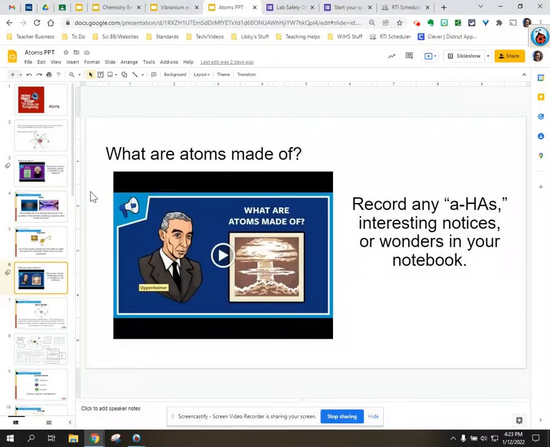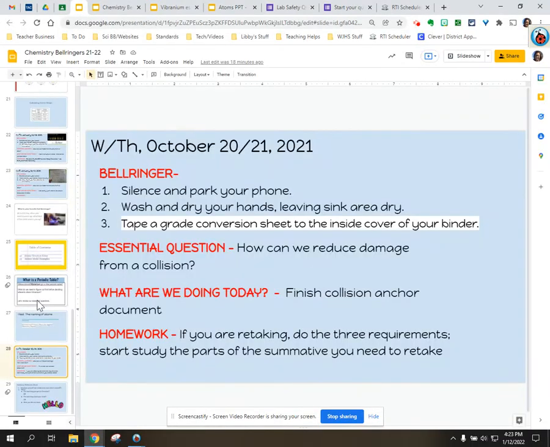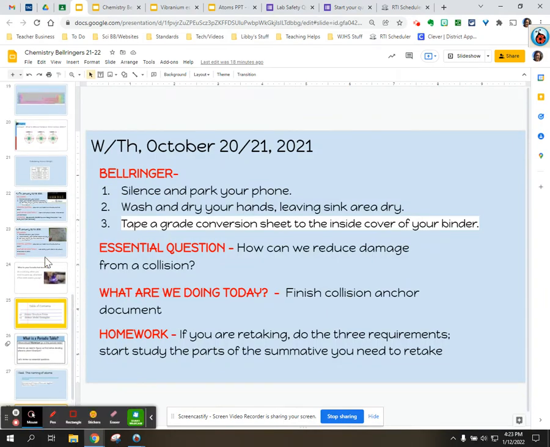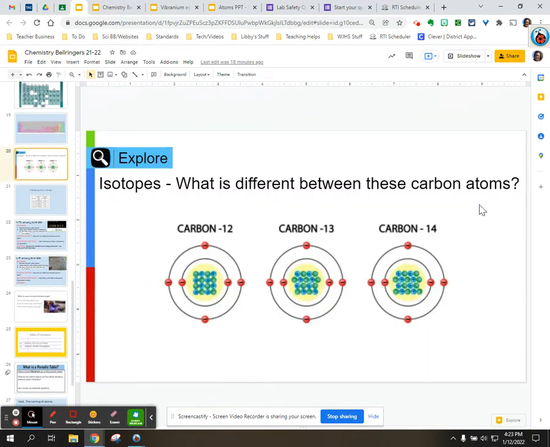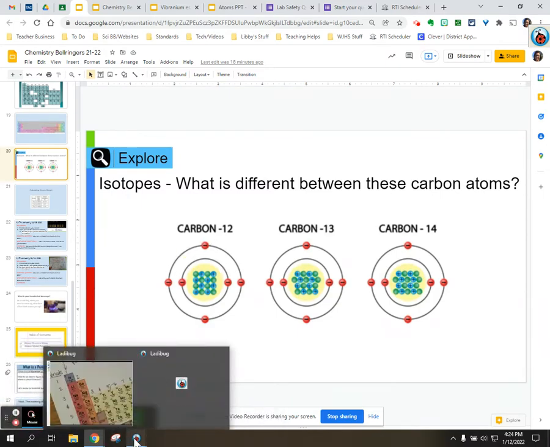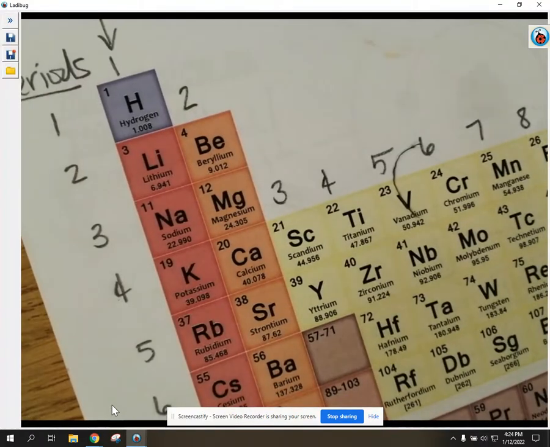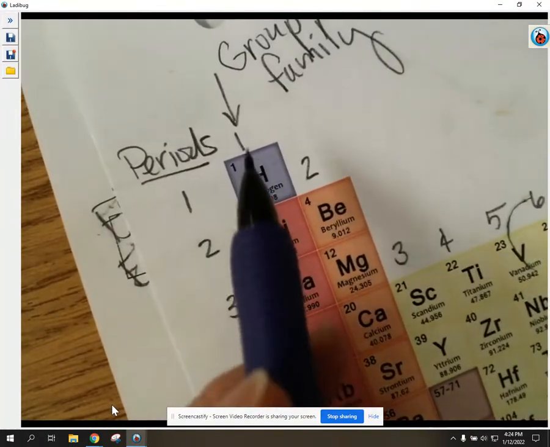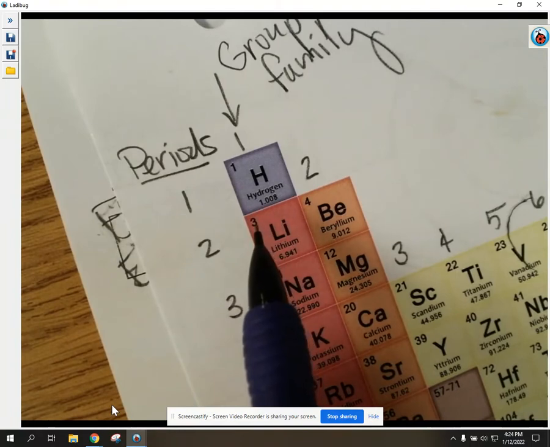Here's why. I should go back and say this: for elements, the number of protons can't change. If an element has 3 protons, it's lithium. It can't be anything else.